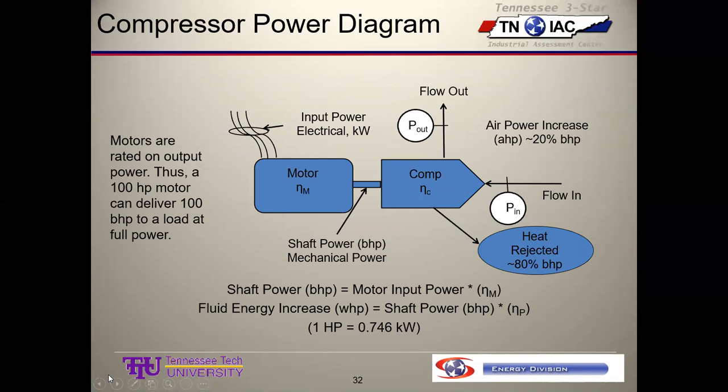Okay, so let's look at a power flow diagram, similar to what we saw for pumps, and it hasn't really changed very much, but we need to look at it for air compressors. Motors are rated on output power, thus a 100 horsepower motor can deliver 100 brake horsepower to a load at full power.